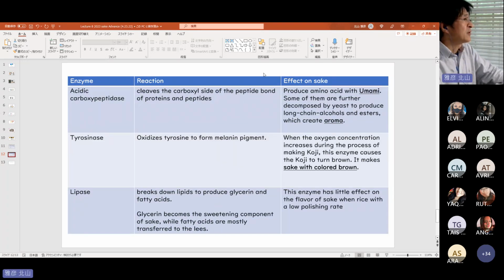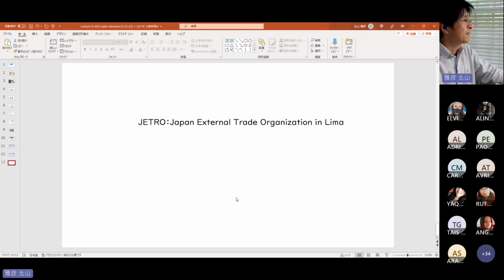So I try to arrange to ship sake to your university. JETRO is the name of the organization, Japan External Trade Organization. They have an office in Lima.